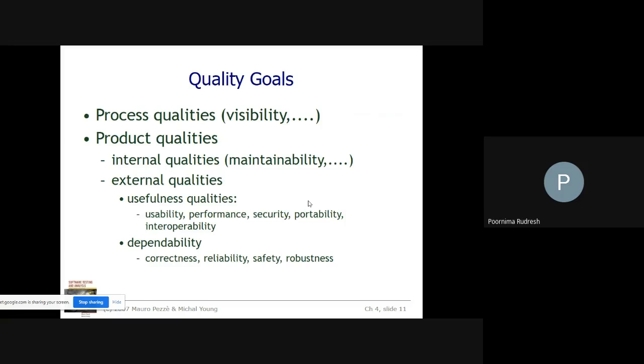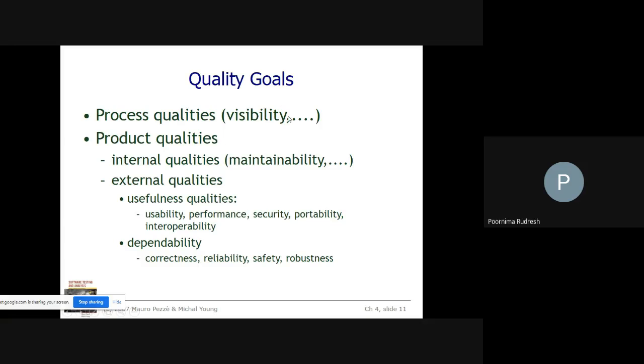Next, we have the quality goals. As I said, we need to define the quality goals before the software development starts. And process visibility requires clear specification of the goals.